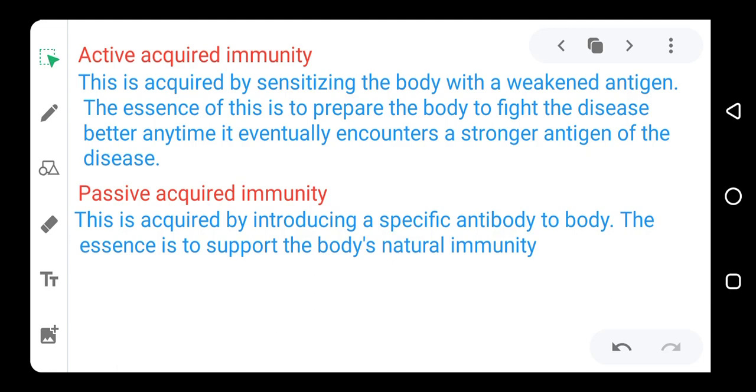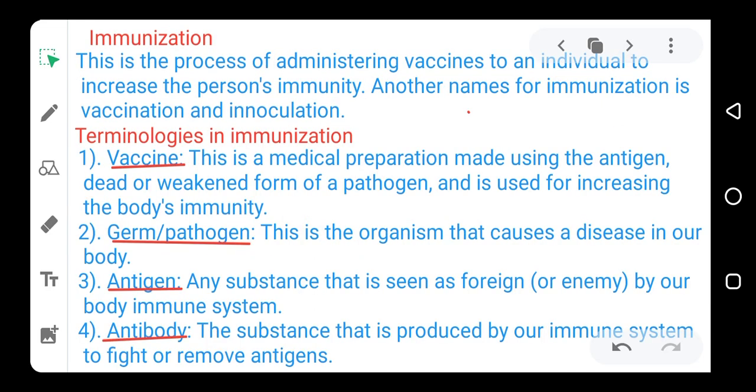So that is what is done in passive acquired immunity. In passive acquired immunity, we are introducing antibody, but in active acquired immunity, we are introducing antigen. So these are the differences you should note between passive acquired immunity and active acquired immunity.